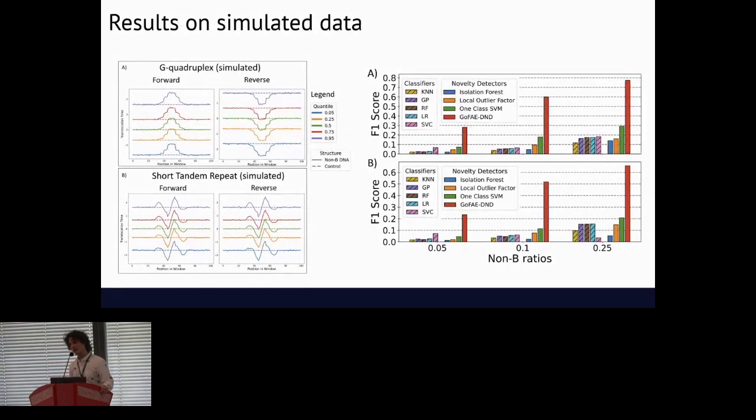And you can see that, I guess there's two main takeaways. Novelty detectors work better on average than your classifiers, and that's to be expected because the label is very noisy. And also, our method GoFei DND works really, really well. And I think that's due to this manifold assumption that we make very strongly.